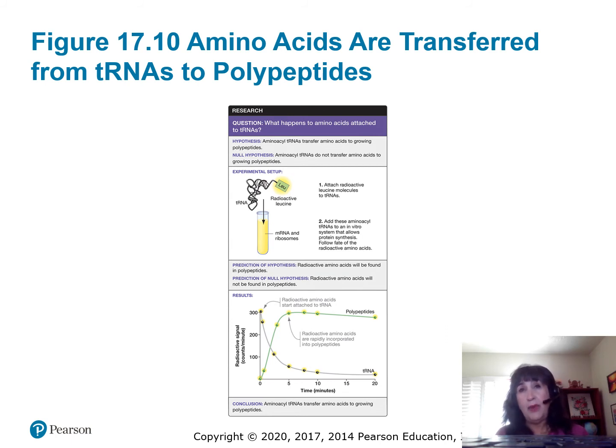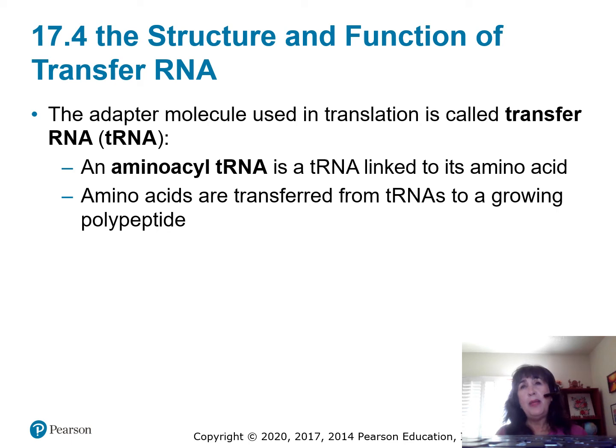They had been converted into a protein, because of the secret ingredient you see in black here, the transfer RNA, which looks like an upside down L. At the end, it's carrying leucine as its cargo. They realized just by mistake, because of this experiment, that there was a mystery molecule, and this mystery molecule was transfer RNA. It is the adapter molecule used in translation, and it is called transfer RNA.